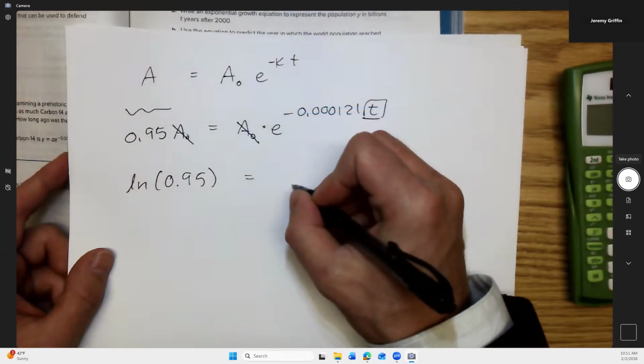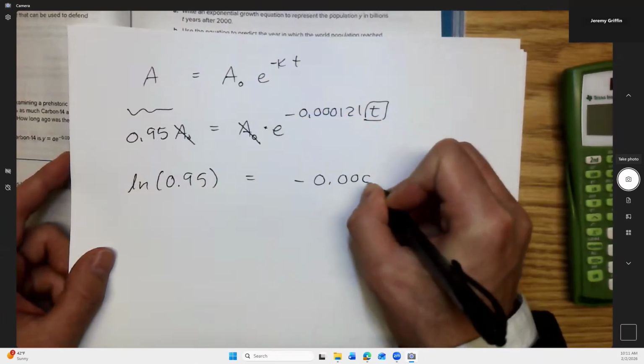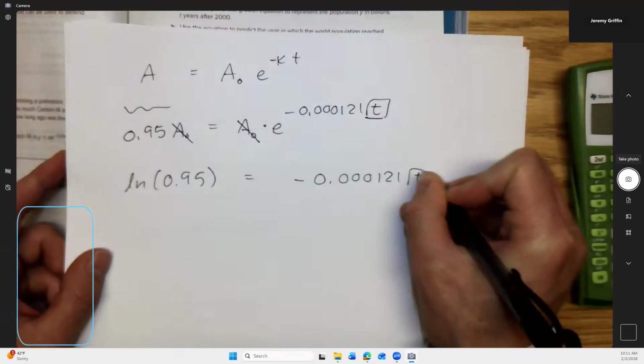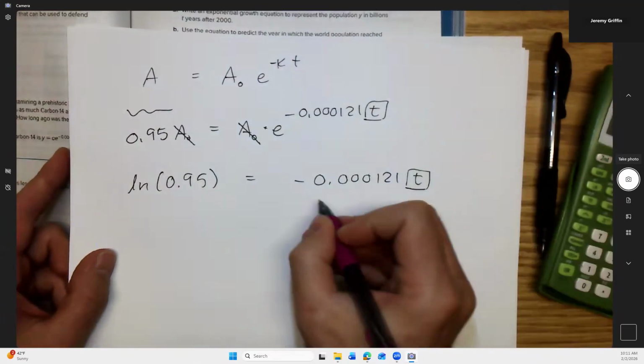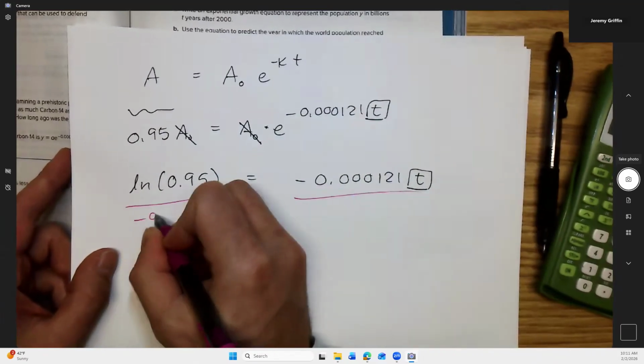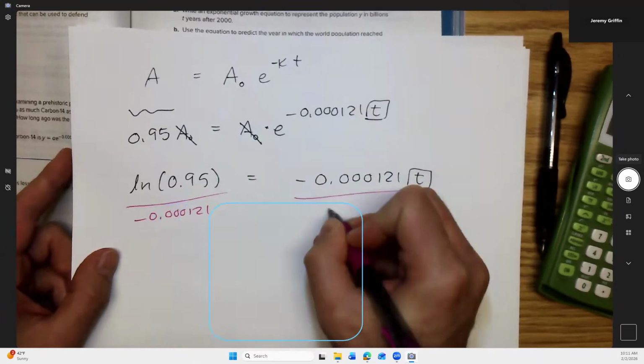So not a lot. So negative 0.000121 t. Okay. Divide both sides by negative 0.000121.